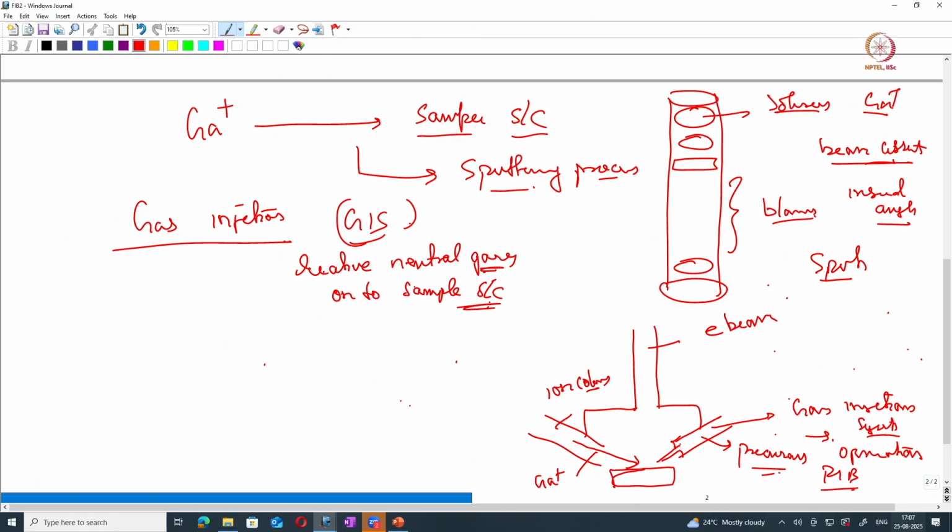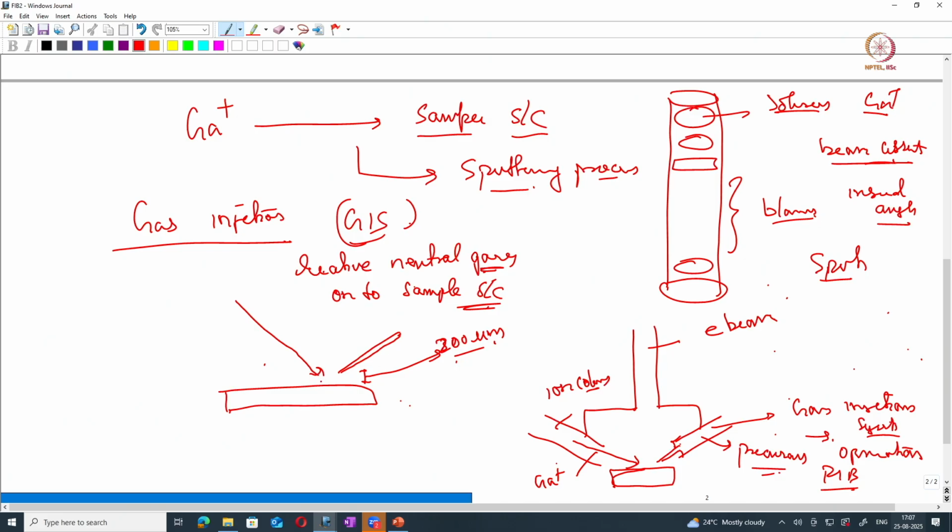Okay, so you have a sample surface. This is your gas injection system, and it is kept just above the sample surface, around 200 micrometer distance from it. And you have an ion beam coming from the ion source on the sample surface.